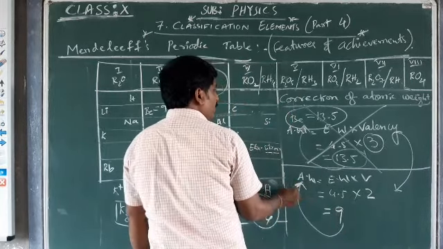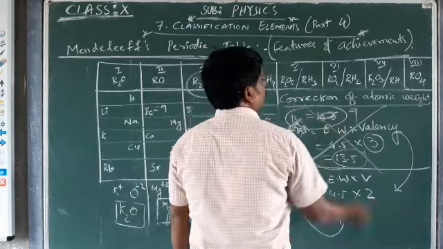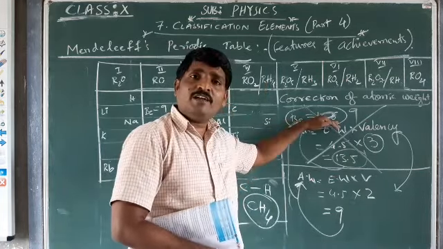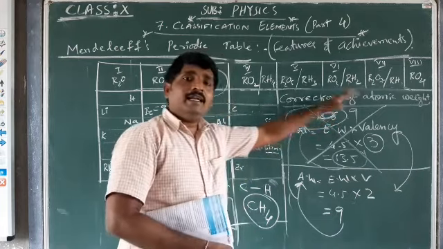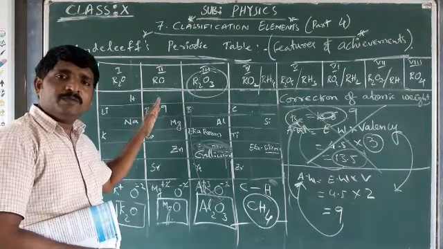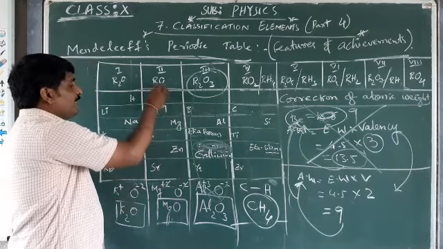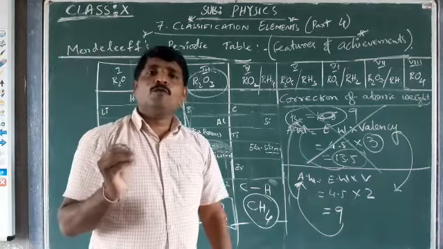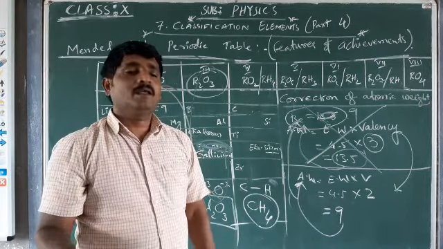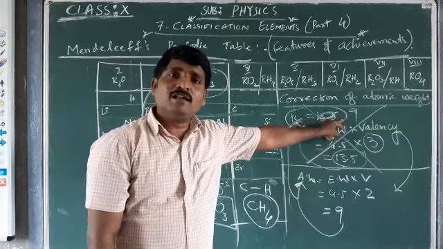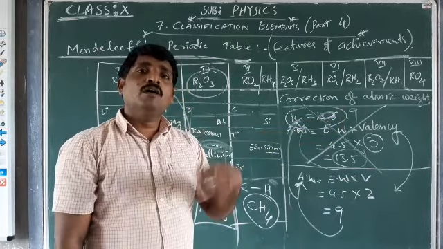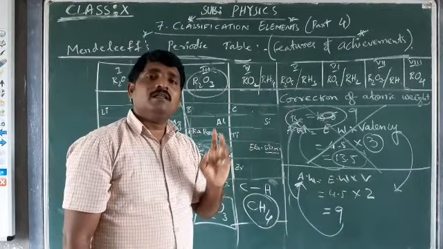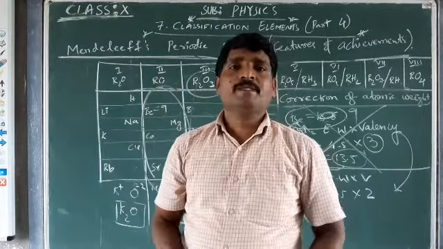The atomic weight of beryllium was changed from 13.5 to 9, and after changing it, beryllium is placed in the second group, following the same properties, in the correct group. Okay, correction of atomic weight was also a good achievement by Mendeleev, to place some elements in the correct groups.